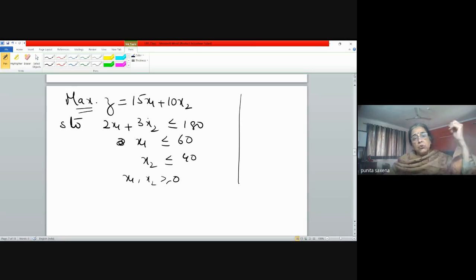So we have to find those values of x1 and x2 that give us the maximum value of z. ठीक है ना? And these are the constraints and these are my non-negativity restrictions, right? Now see, I have two variables, x1, x2, and how many equations do I have? 3 equations I have, right? Not equations, we have 3 inequalities here.